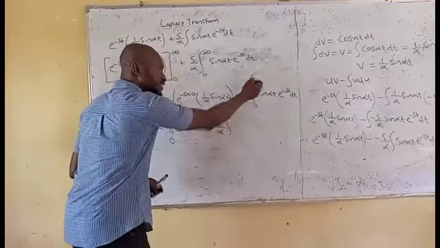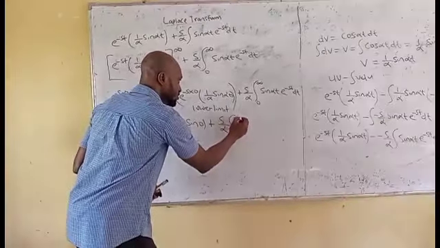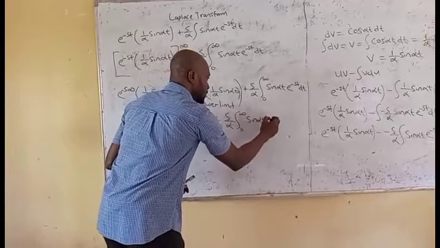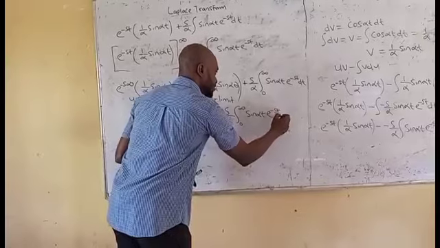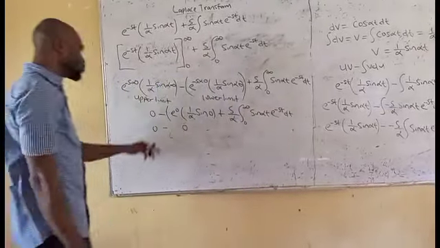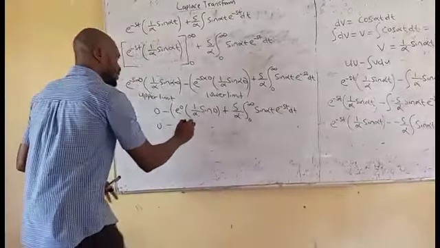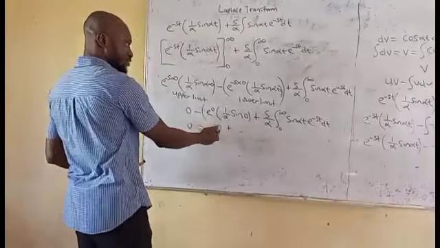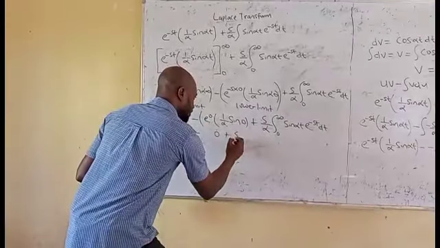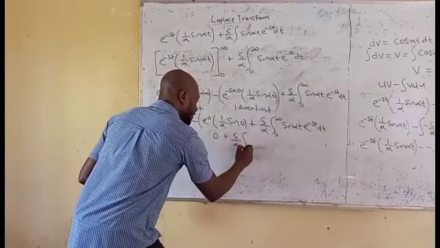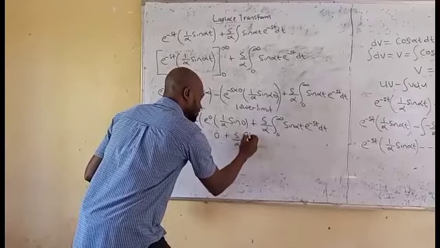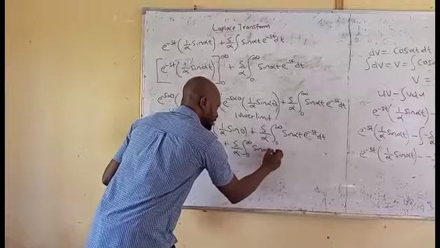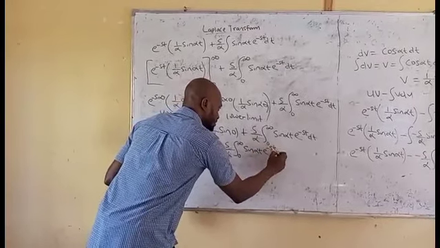Then you have the integral from 0 to infinity of sine alpha t exponential minus st dt.